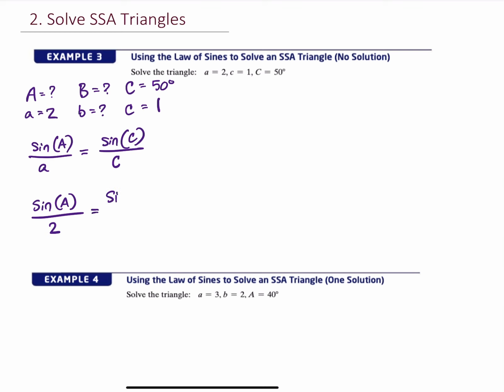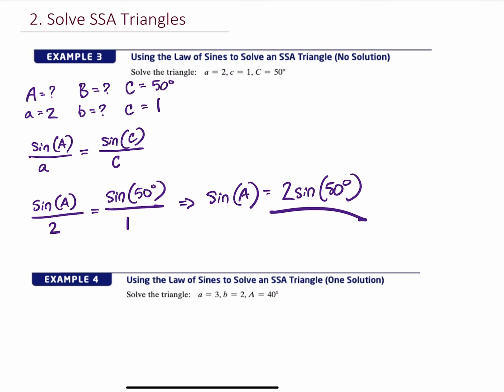We know angle C, that's 50 degrees. And side length C is 1. So multiplying the 2 over, we get that the sine of A equals 2 times the sine of 50 degrees. If we evaluate this right side, that's something we can plug in, then maybe we can take the inverse sine of both sides and find out what our missing angle is. So that's one technique we can use to find a missing angle.